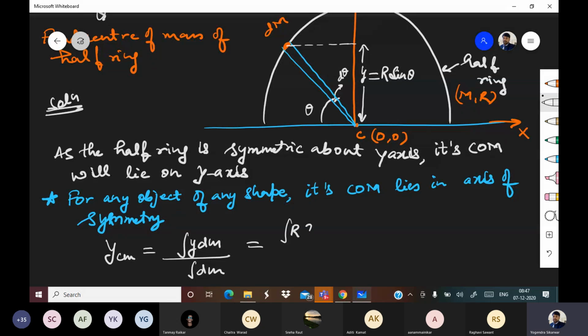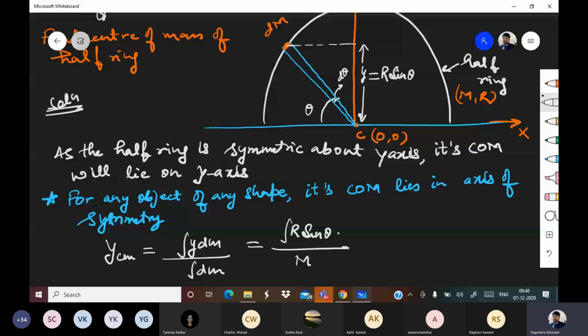So this becomes r sine theta dm. I am going to tell how you are going to find dm. Integration dm will be nothing but M, which is the total mass of this half ring. So integration dm will be M.